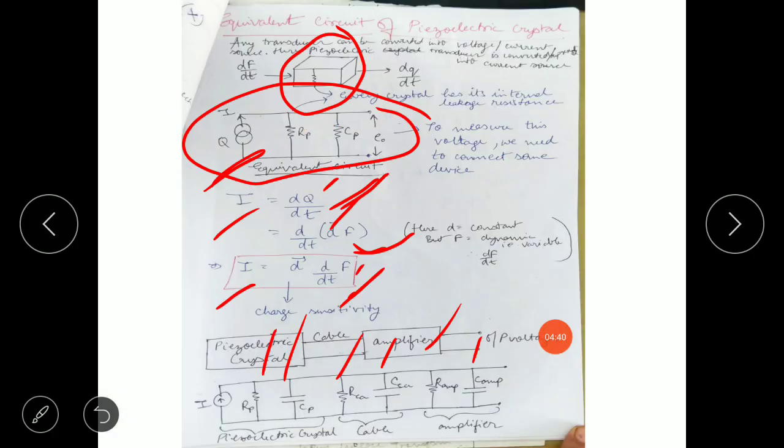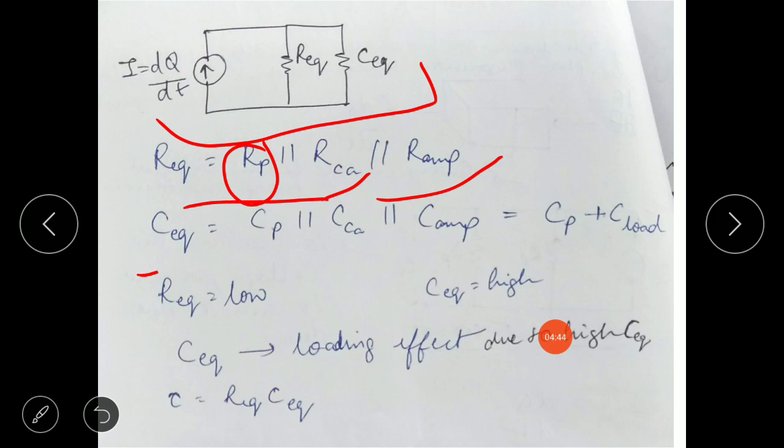As you can see, Rp parallel Rc parallel R amplifier. In the same way, C equivalent is equal to Cp, that is the internal capacitance of the piezoelectric crystal, parallel to cable capacitance, parallel to amplifier capacitance.